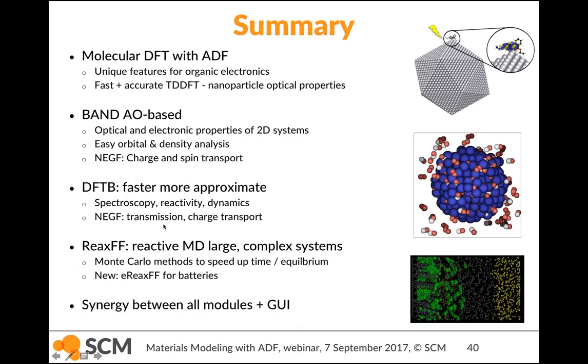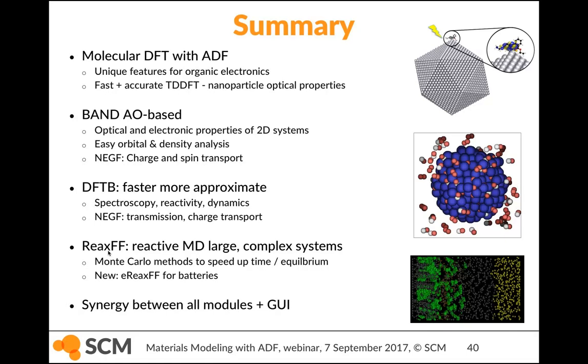I didn't discuss DFTB as much, but one of the interesting features for material science is that you can do really fast properties, albeit approximately, and you can do really fast electron transport calculations with NEGF, and that's available for most of the elements in the periodic table. Finally, ReaxFF is an even more approximate way than the electronic structure methods, but it allows you to treat dynamics of really large complex systems where you can have chemical transformations.